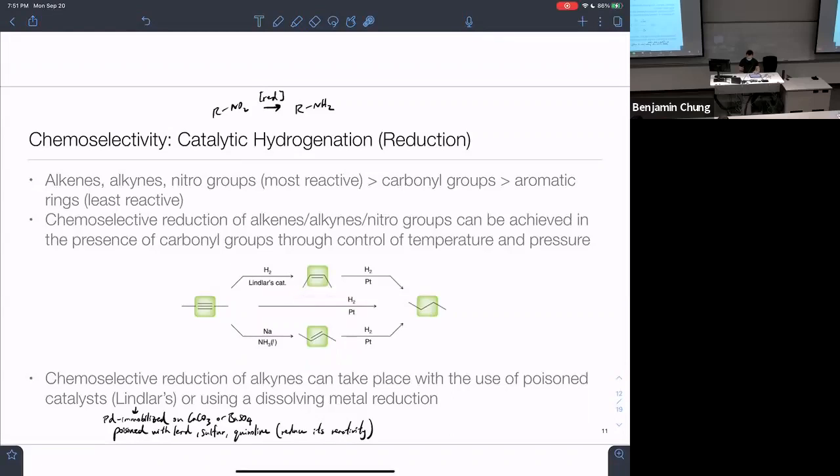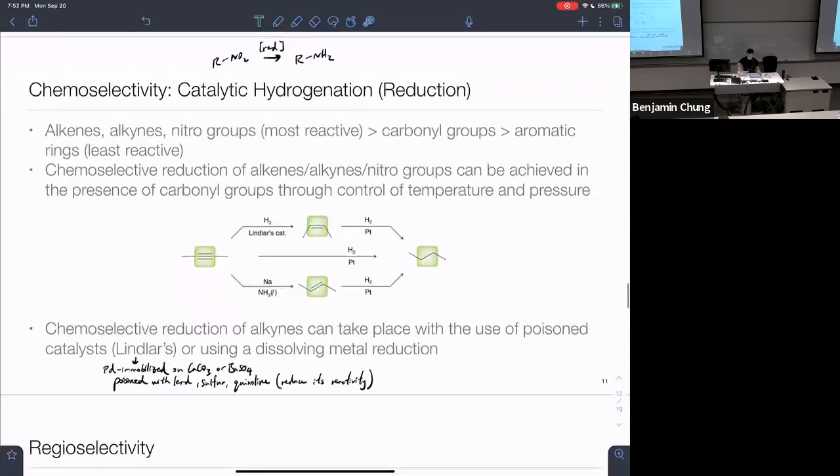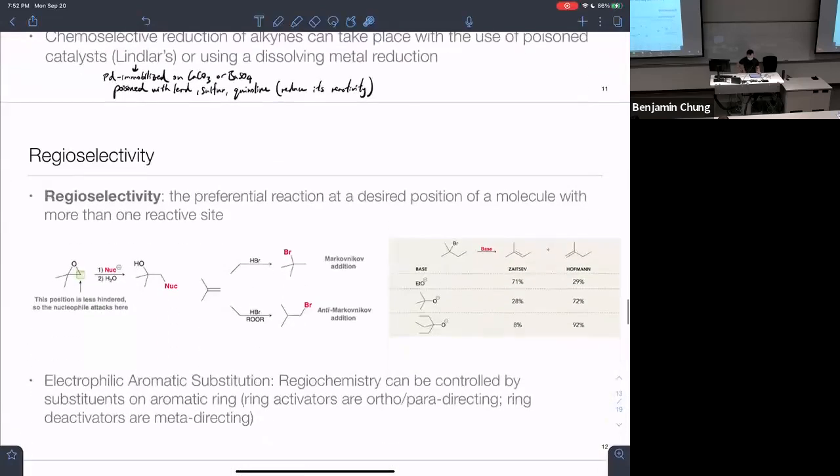No worries. So we can also selectively get the trans alkene by using a dissolving metal reduction as well. So these are just two examples of chemoselectivity.